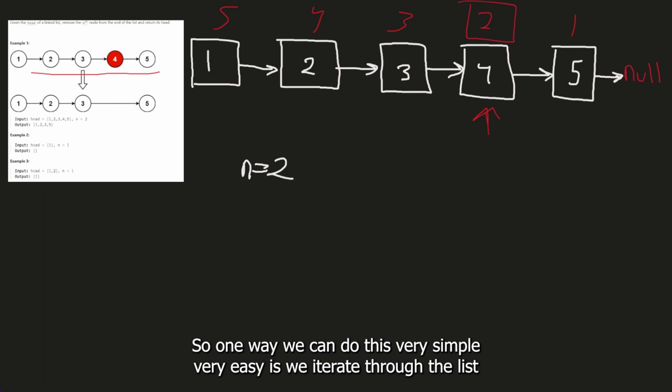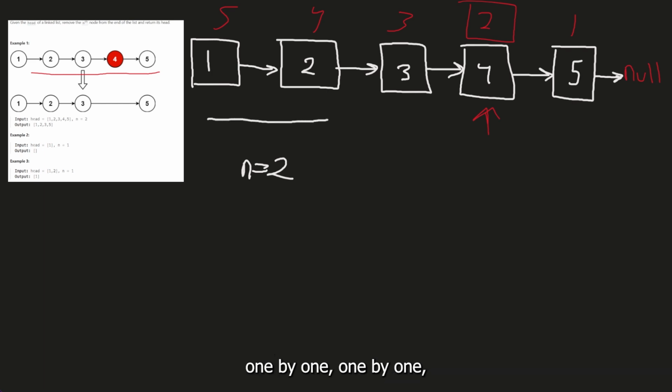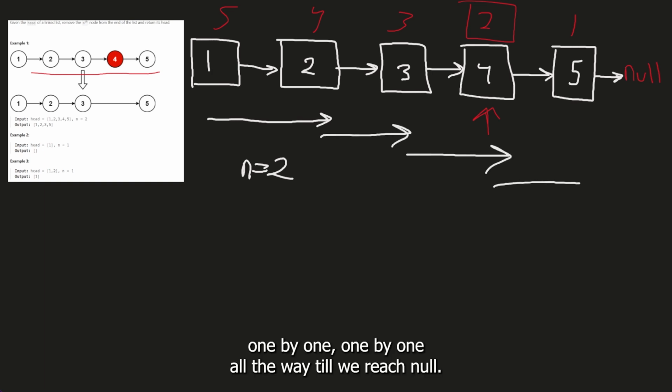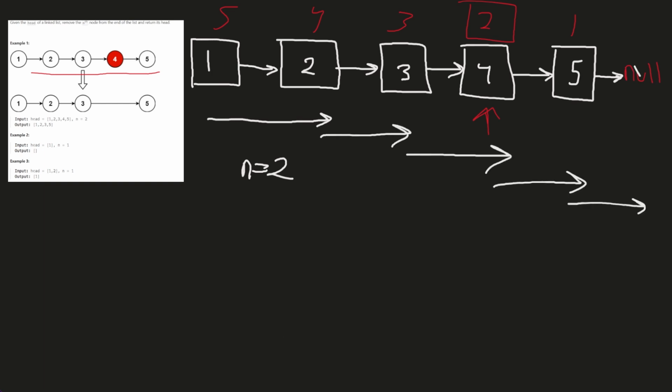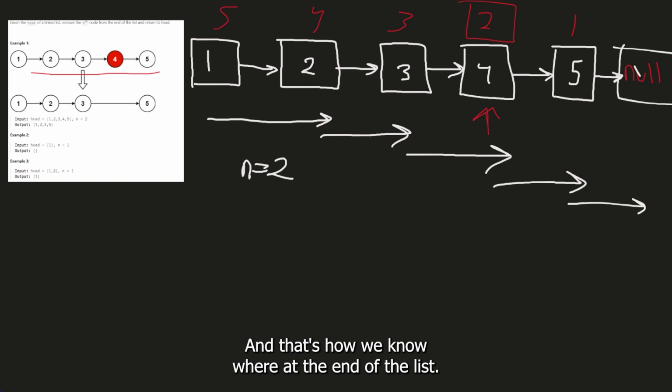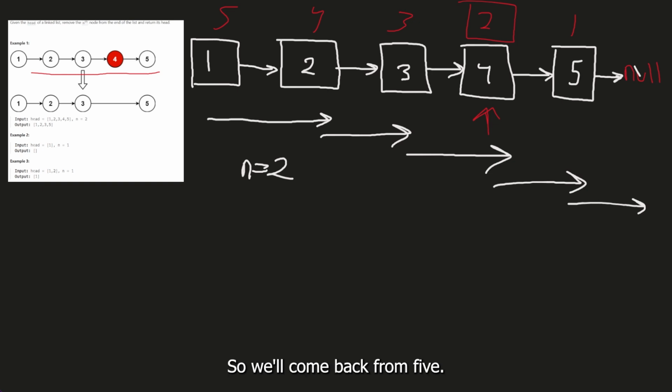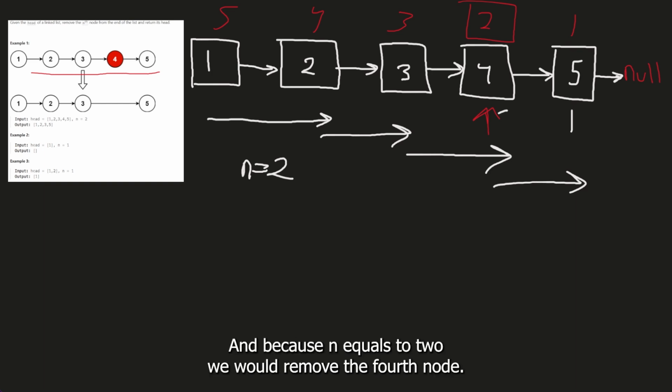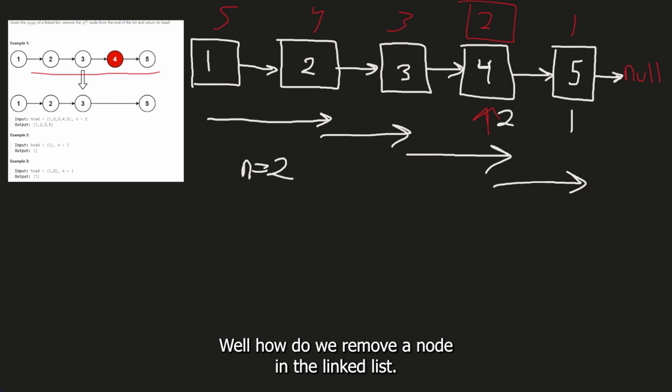Okay, so one way we can do this, very simple, very easy, is we iterate through the list one by one, all the way till we reach null. And that's how we know we're at the end of the list. So we'll count back from 5, so it'll be 1, and because n equals 2, we would remove the fourth node. Well, how do we remove a node in the linked list?